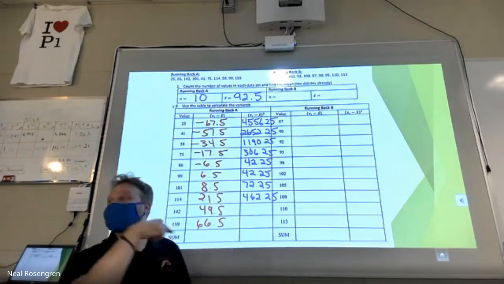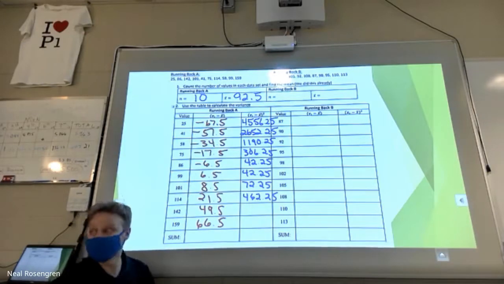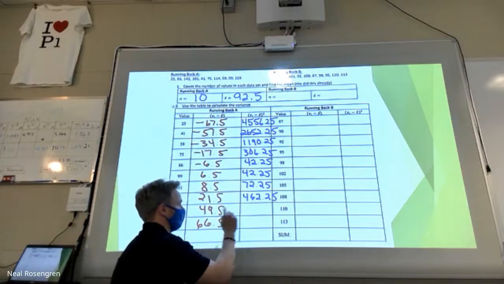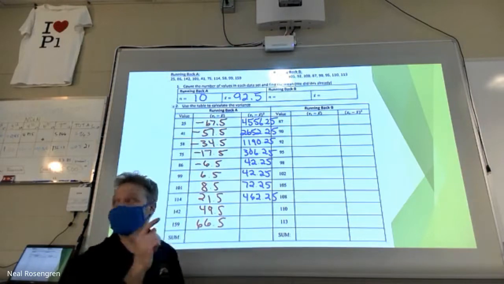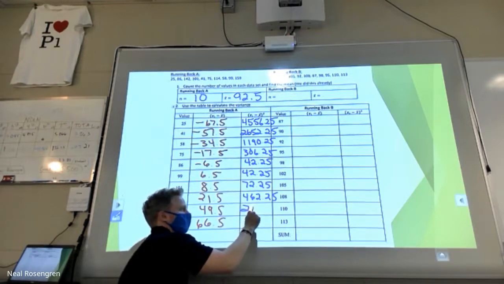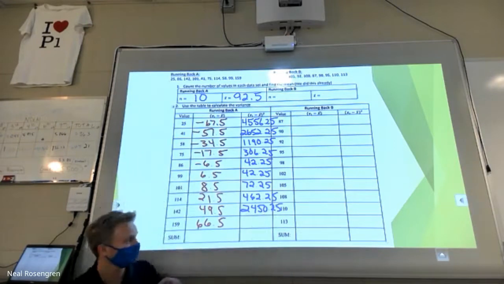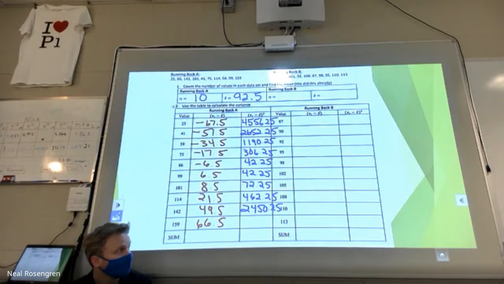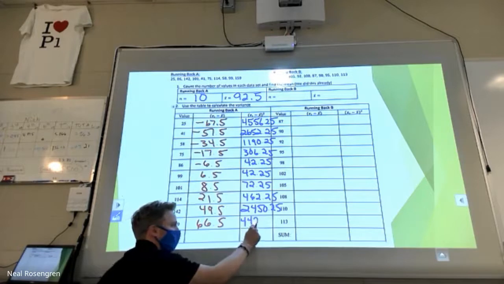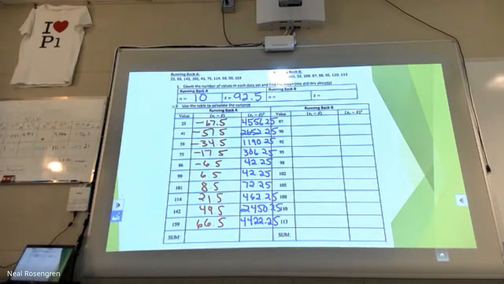Multiply it by itself. 49.5 times 49.5. Oh no, you're right. 2,450.25. And then Nikki, help me out with the last one, 66.5. 4,422.25. Yikes. Okay.